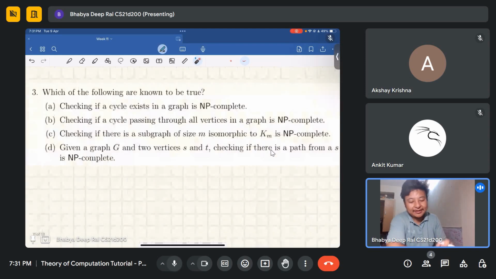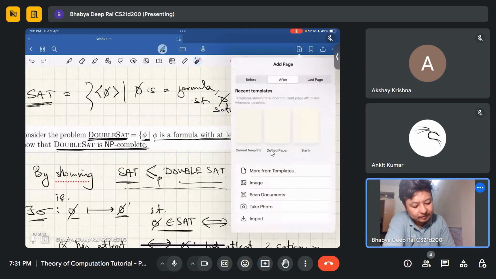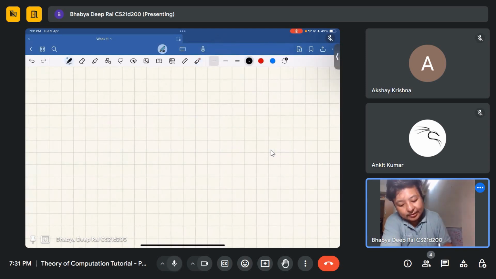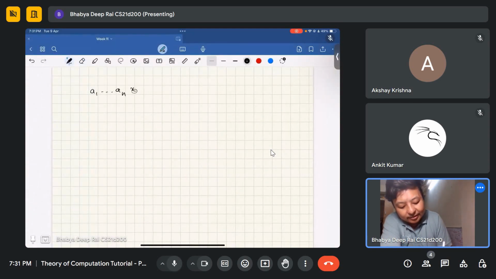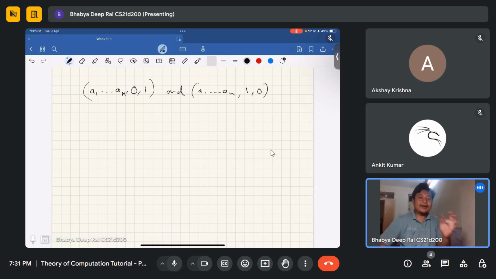So how many satisfying assignments did I create? A1 to AN followed by 0, 1 is one satisfying assignment, and A1 to AN followed by 1, 0 is another. I created 2.